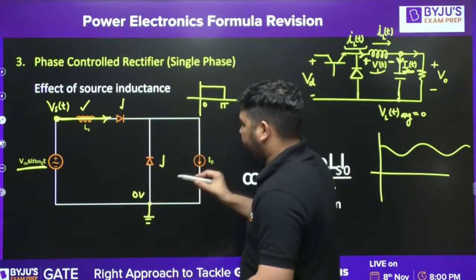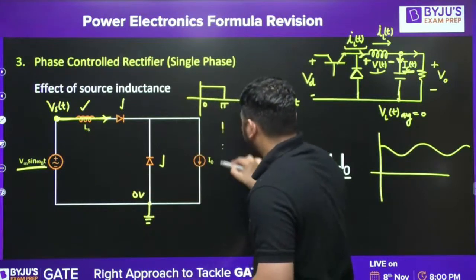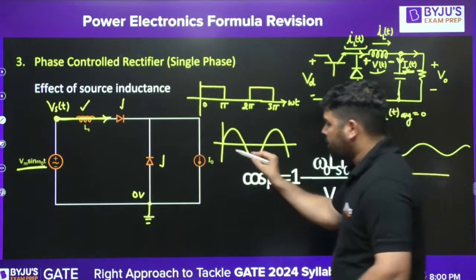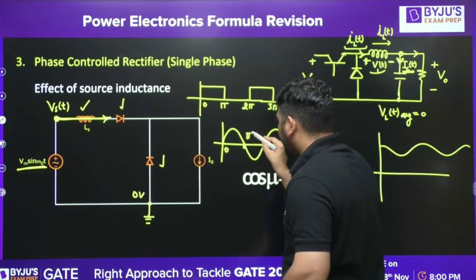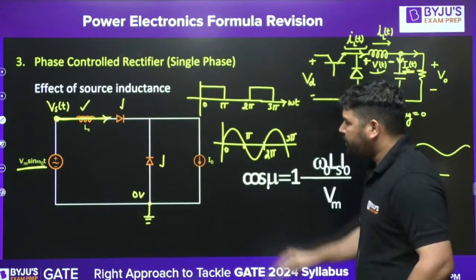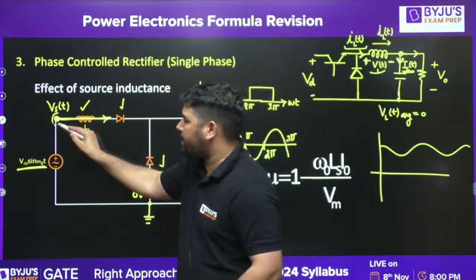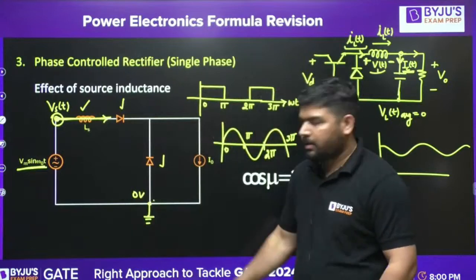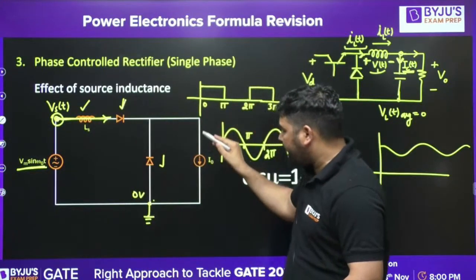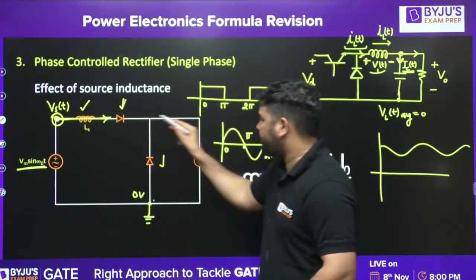Now look, we have the pure sinusoidal voltage, like this, from 0 to pi and then 2 pi. From 0 to pi, this voltage is higher than 0, so this diode will conduct. It means the entire current will flow through the source.